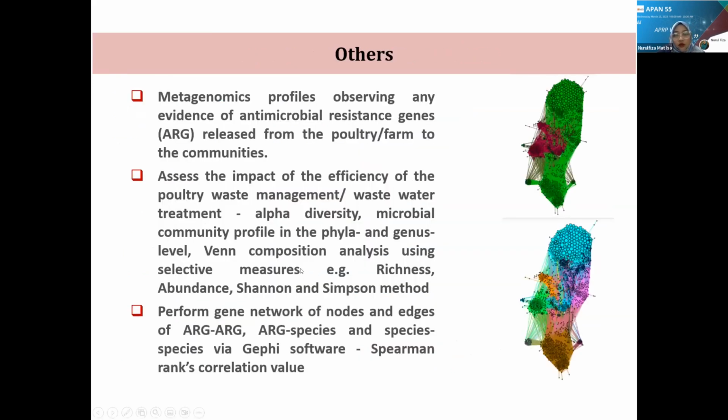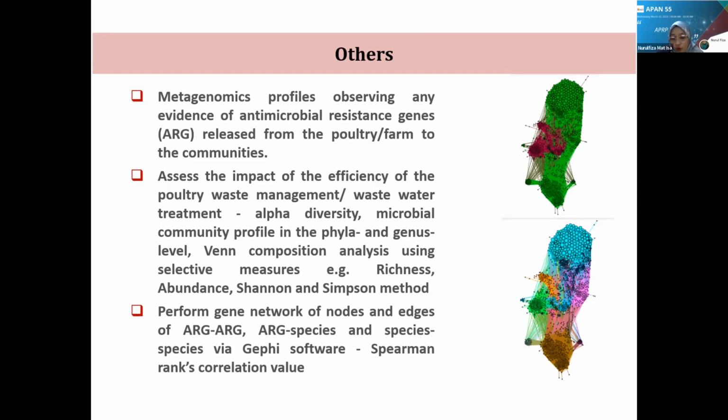Okay, and others, we also do metagenomics profiling to observe any evidence of antimicrobial resistance genes released from the poultry farm to the community, and assess the efficiency of poultry waste management and also wastewater treatment by analyzing the alpha diversity of the microbial community profile in the phyla and genus, using selective measures like the Shannon and Simpson methods.